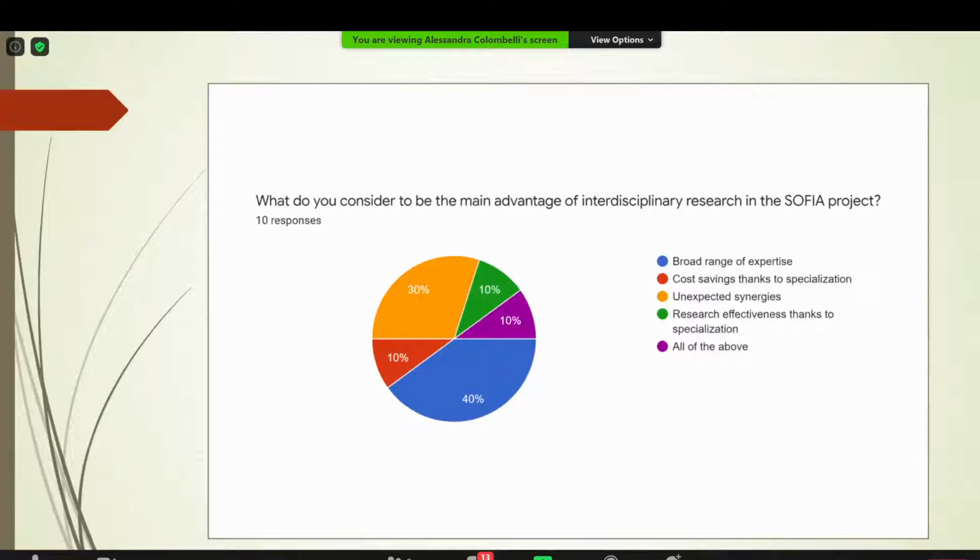We also asked team members to indicate the main advantage of interdisciplinary research in the SoFiA project. And as you can see, one of the main advantages in the SoFiA project is related to the broad range of expertise and also unexpected synergies.